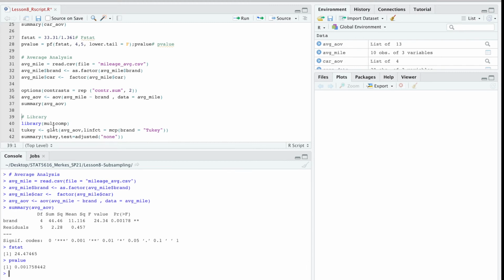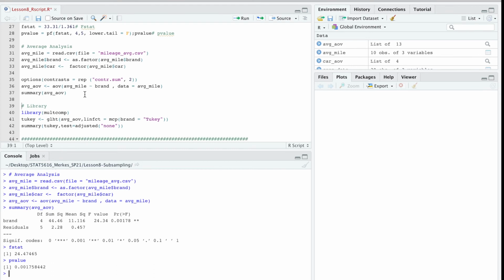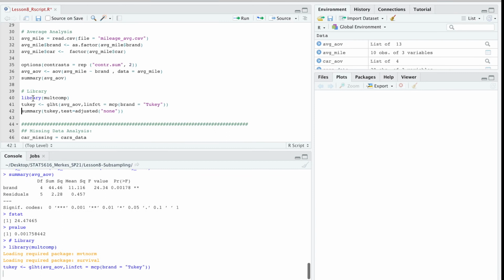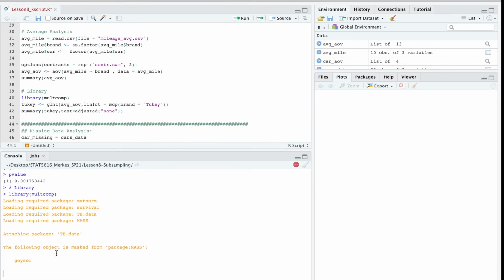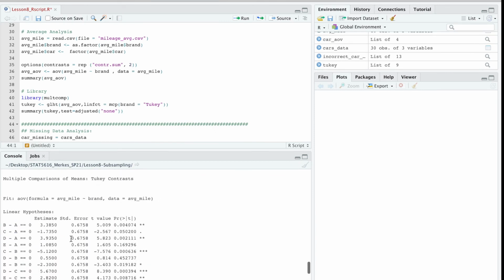Slightly off because they're rounding here. If we were to round, we'd be good. And then we can do a Tukey summary. Boom.